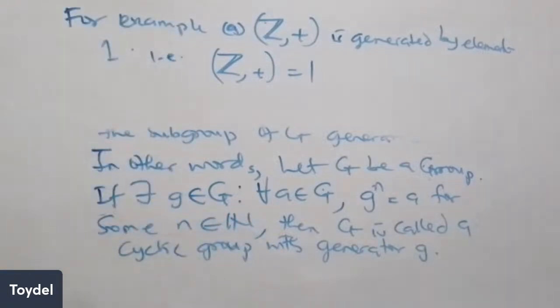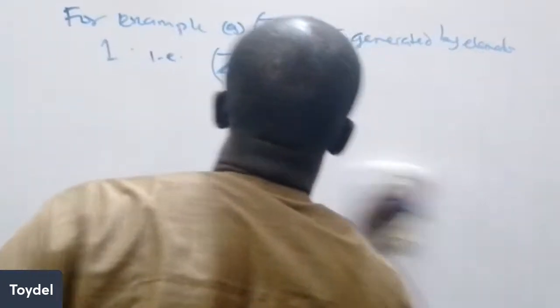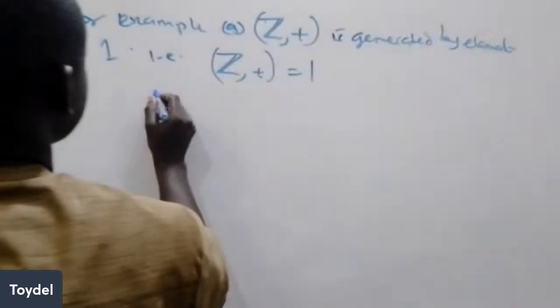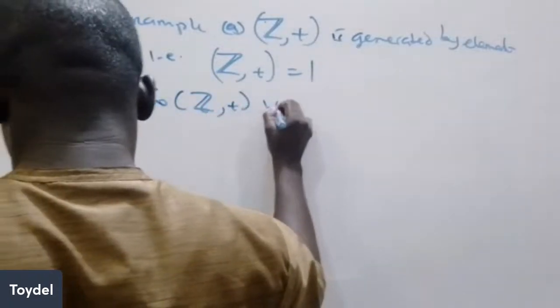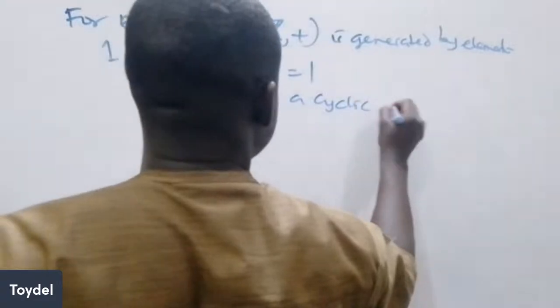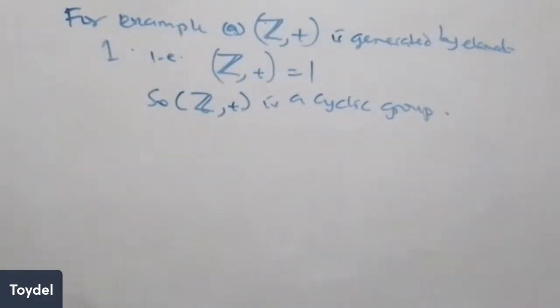So the integers under addition is a cyclic group.